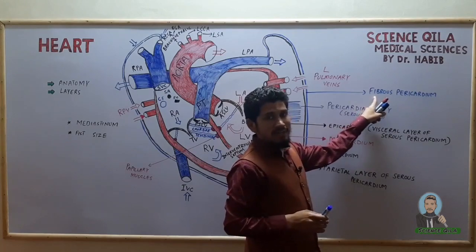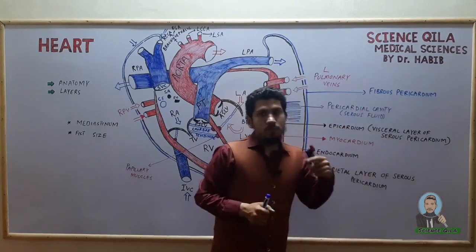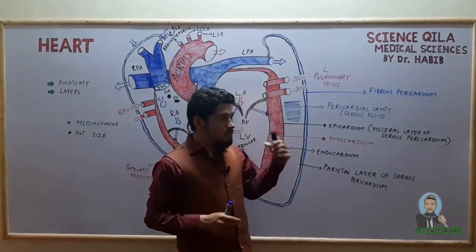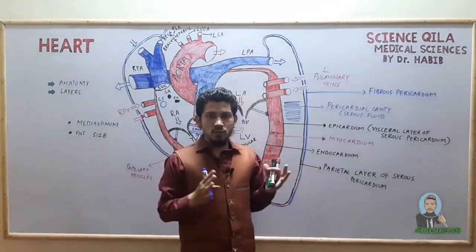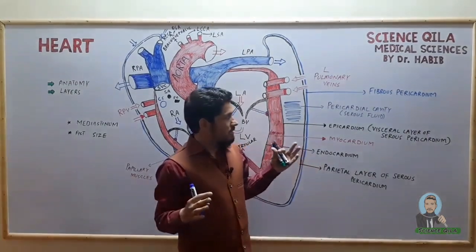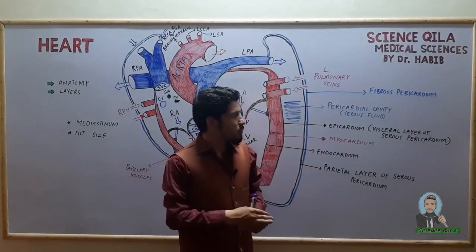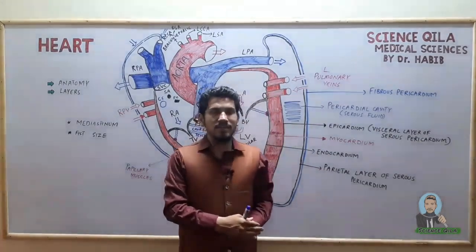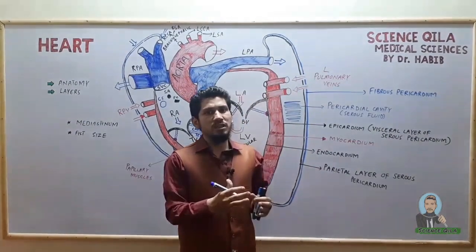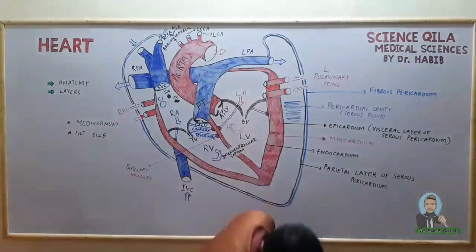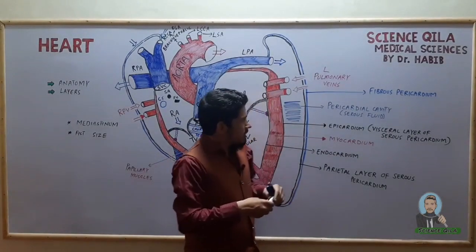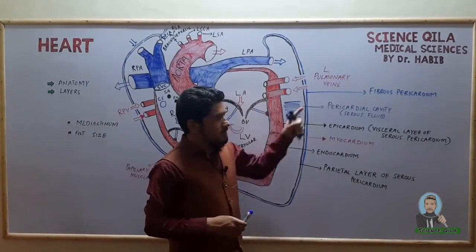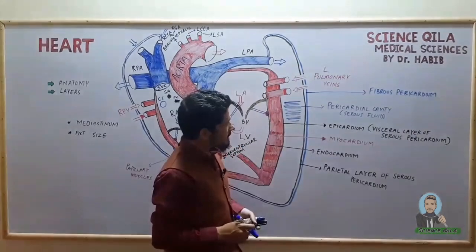That's why it provides protection and prevents the heart from overstretching. The second very important function of the fibrous pericardium is that it anchors the heart in its position. So this was the outermost layer of the heart, called fibrous pericardium.